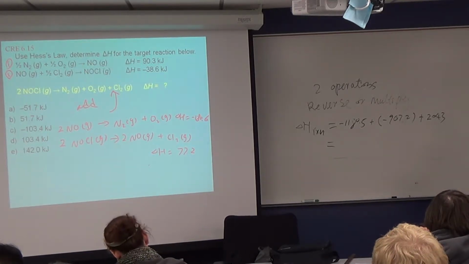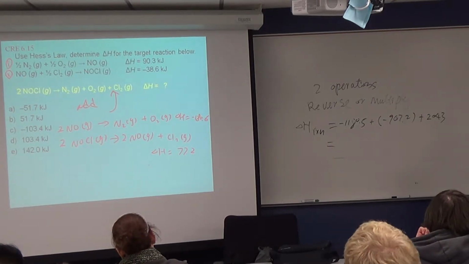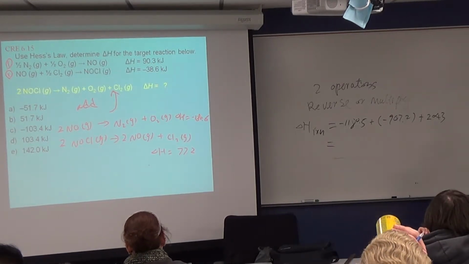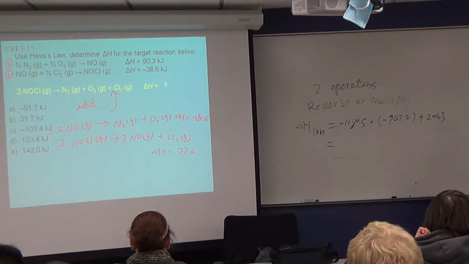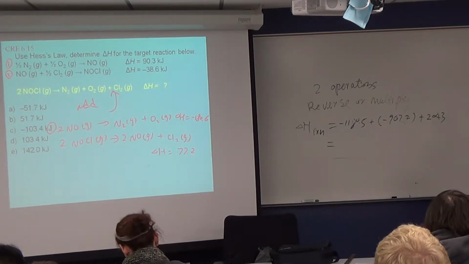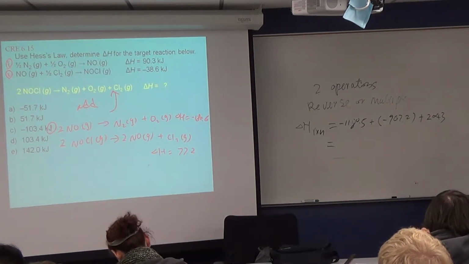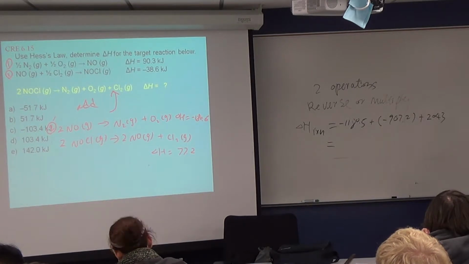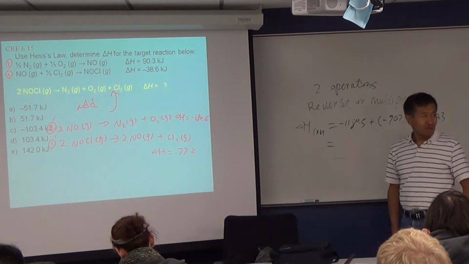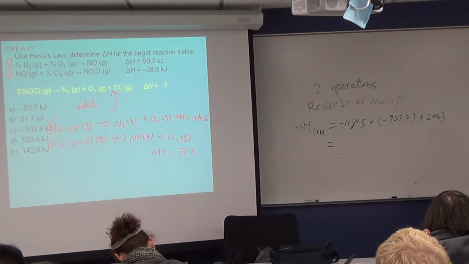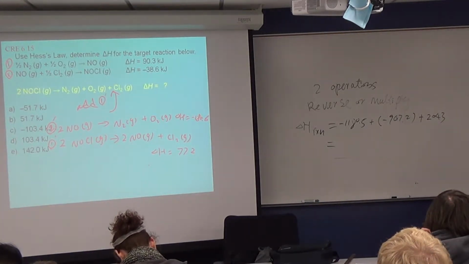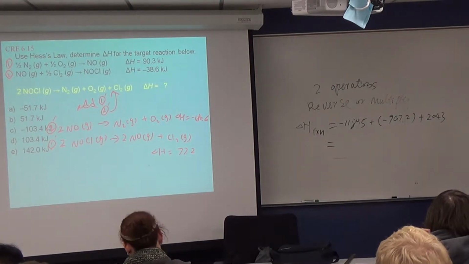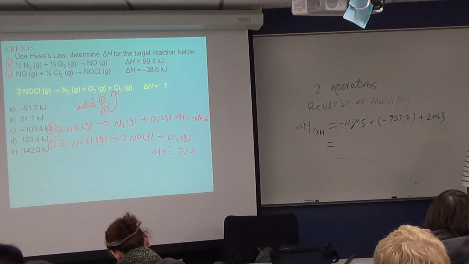Usually chemists like to give them some names. So we can call this one 2 prime, because this comes from 2. And this comes from 1, call it 1 prime. So what you do, you will add 1 prime and 2 prime and see if you can get this guy.